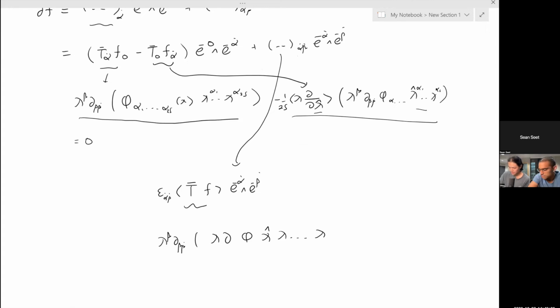So this needs to have a beta dot, this needs to have an alpha, and then alpha 1, alpha 2, and then the contraction of these two, which I'm going to write as lambda hat dx lambda hat squared.